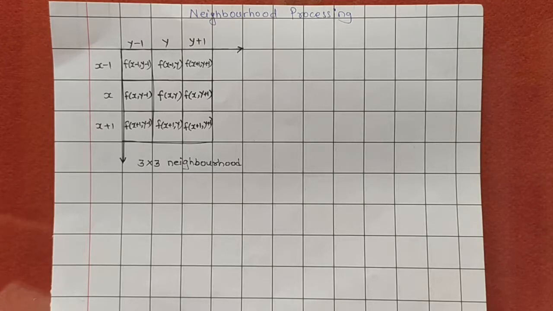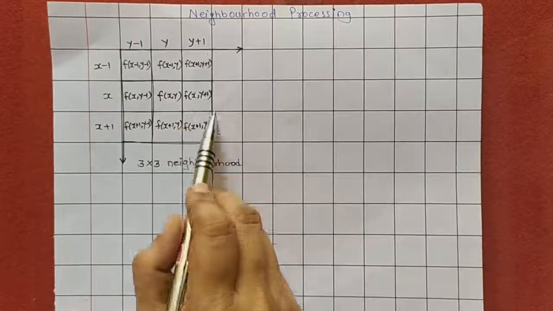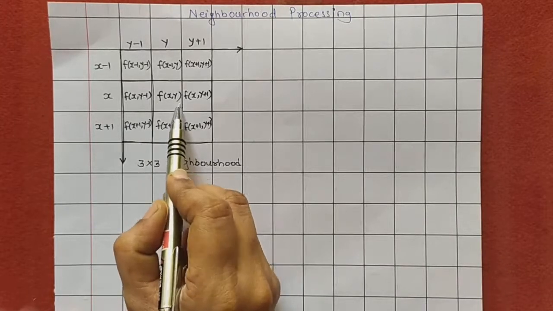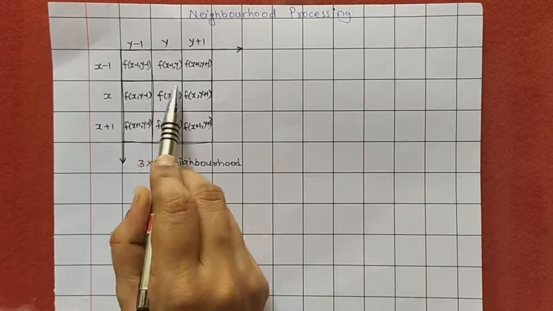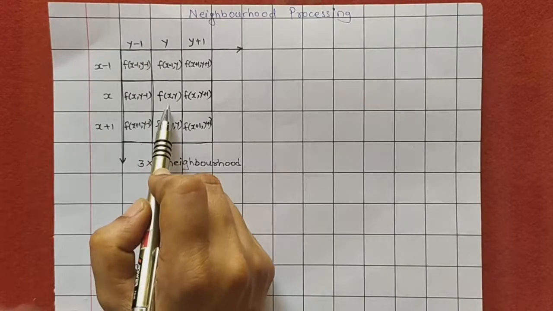In neighborhood processing, if we have to process any pixel, we have to consider its 8 neighbors. For example, here one 3 by 3 neighborhood is represented. This one pixel is f of x y. If we have to work on this pixel, we have to consider its immediate 8 neighbors.